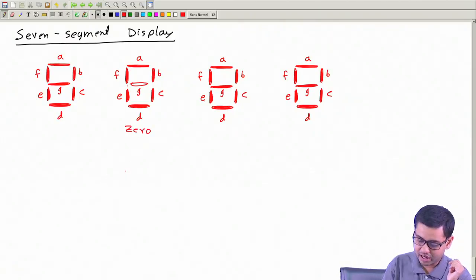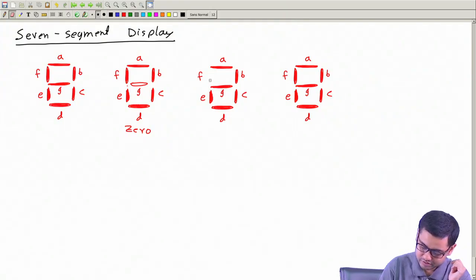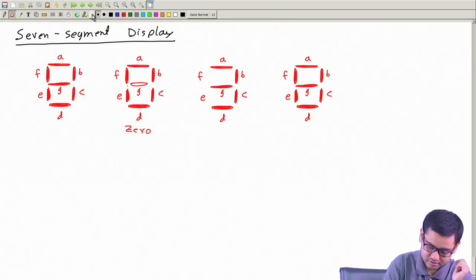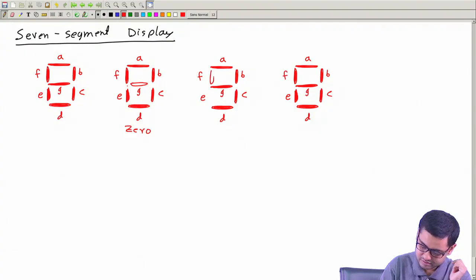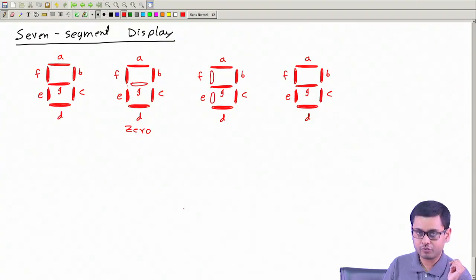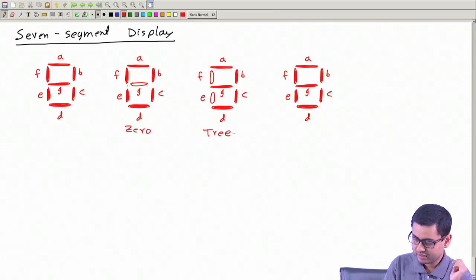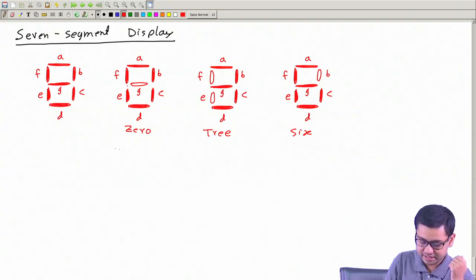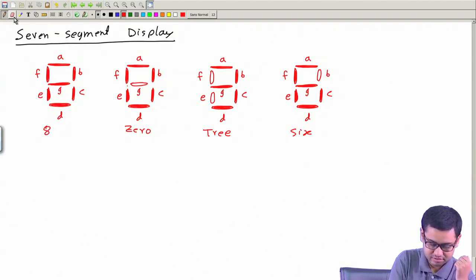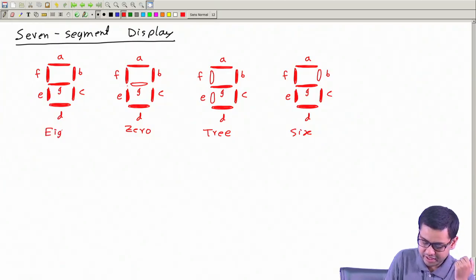Similarly, if I turn these 2 off, now it looks like 3. If I turn this one off, it will look like 6. This is 8. So by turning these lights on and off, I can display any number from 0 to 9.